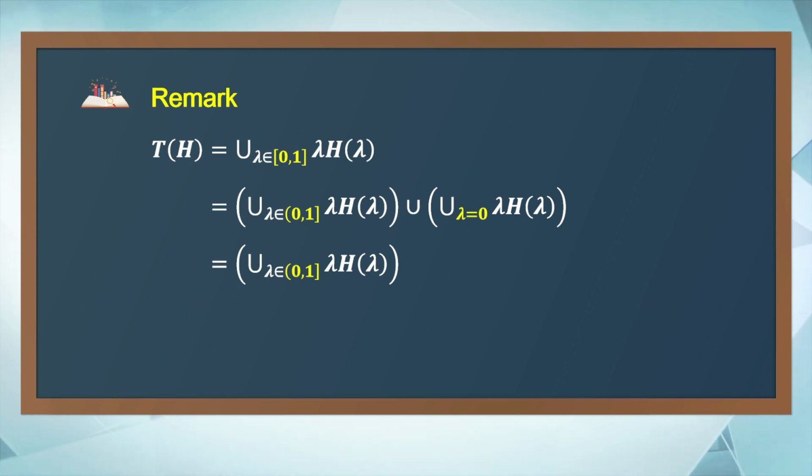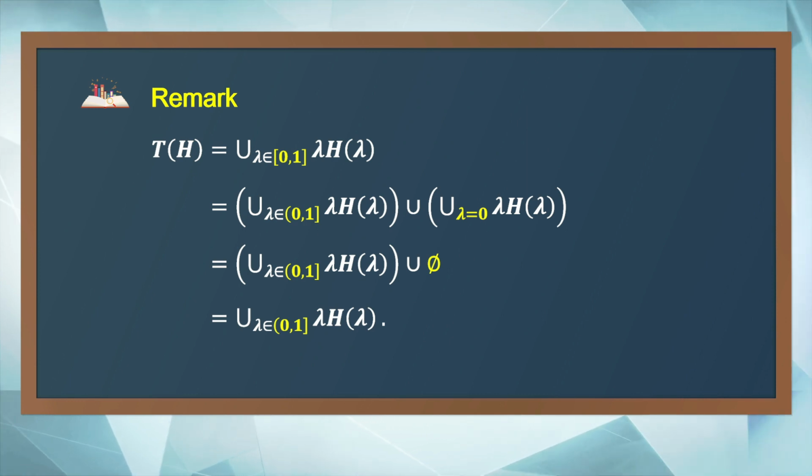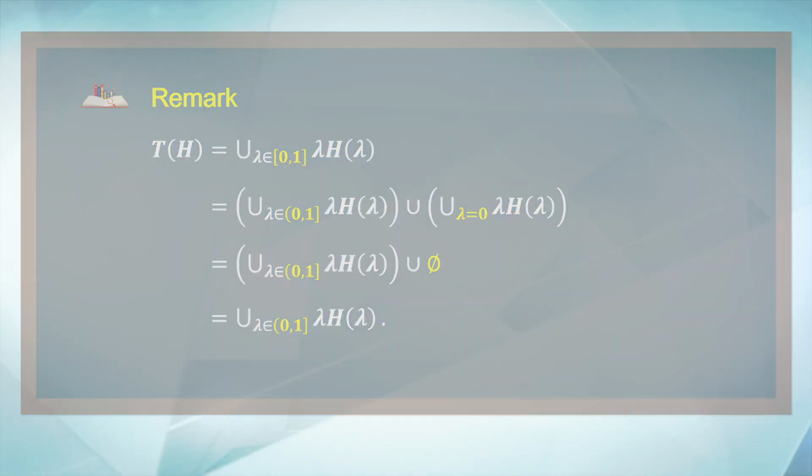It is easy to see that if lambda equals 0, then the scalar multiplication of lambda and h of lambda is the empty set. So the fuzzy set T of H equals the union of the scalar multiplication of lambda and h of lambda, where lambda is in the closed interval from 0 to 1, excluding 0.